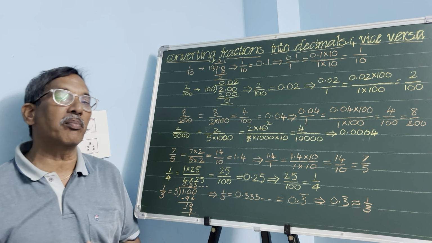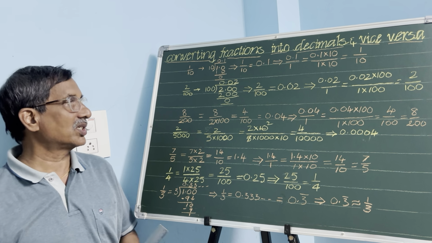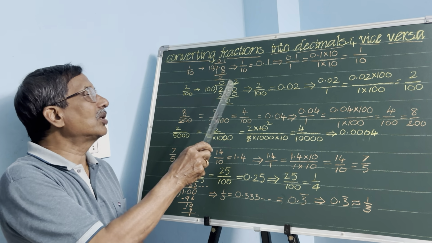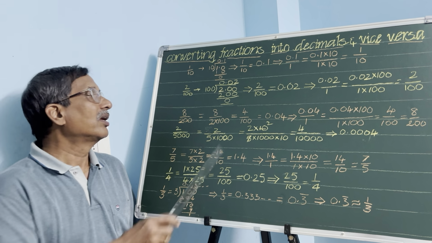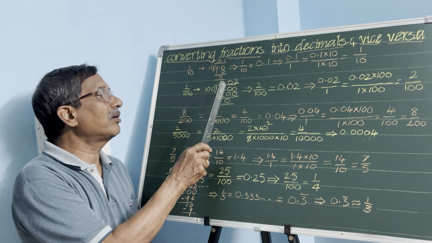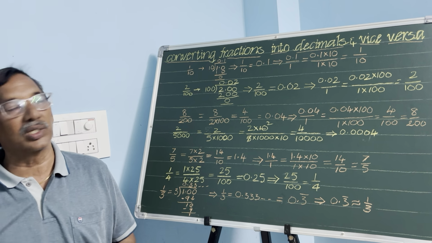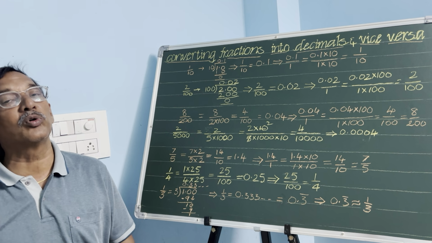You can write any number of zeros after the decimal point; the value does not change. We have already discussed it. And we know that 2 times 100 is 200. But we wrote a decimal point here, and after the decimal point we wrote 2 zeros, so we should have 2 places after the decimal point.